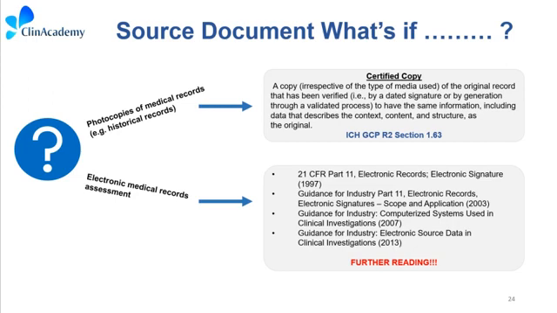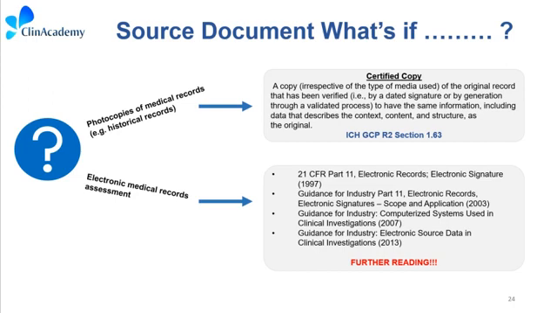So what is important here is, as a site personnel or even as a CRA, you need to make sure that a copy, irrespective of the type of media used, of the original record that has been verified, must be dated with a signature or generated through a validated process to have the same information, including data that describes the context, content, and structure as the original.